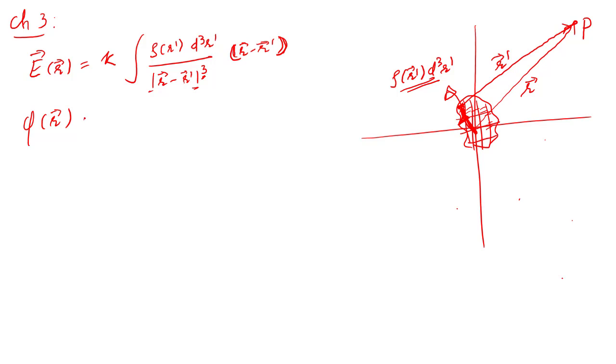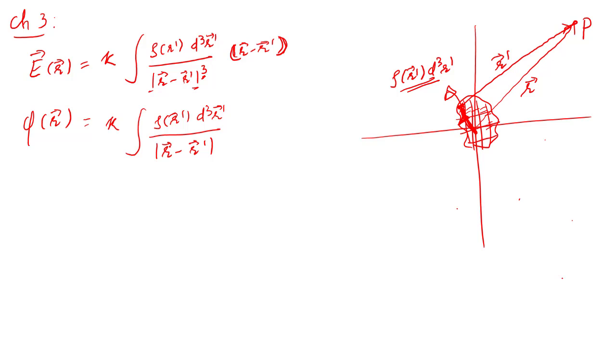So similarly, we can write an expression for phi as well, k times rho of r prime d cube r prime. Now you don't have to worry about the direction, so we just simply have r minus r prime, right? So these are the expressions for electric field and potential at a specific point.